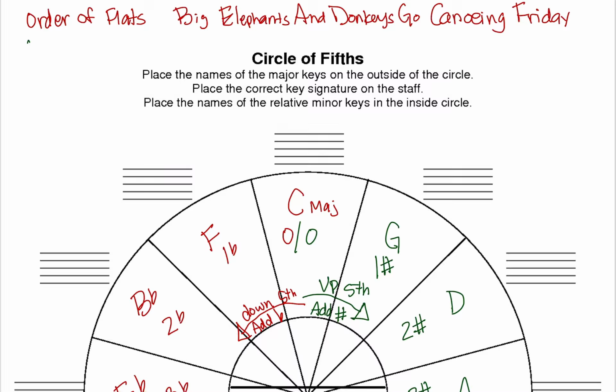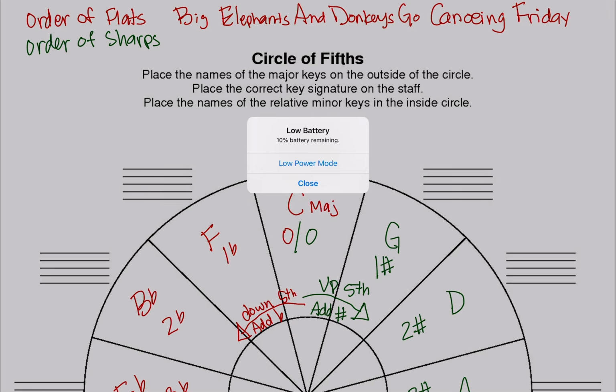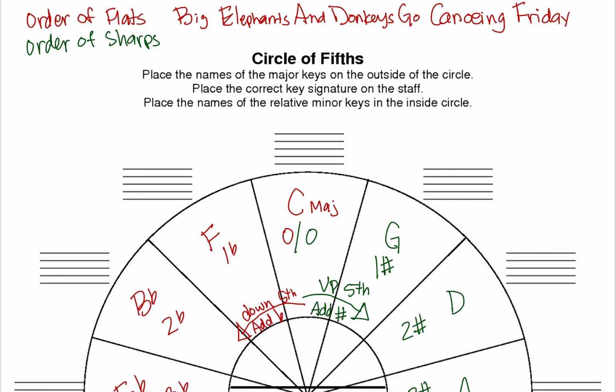For the sharps, it's just the inverse of the flats. And so we're going to have fat cats go down alleys eating bugs.